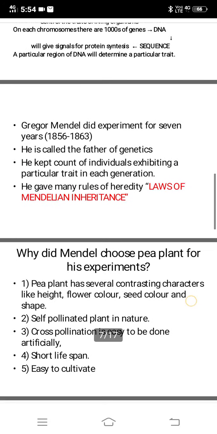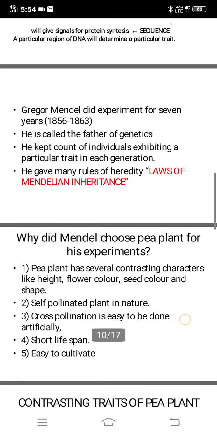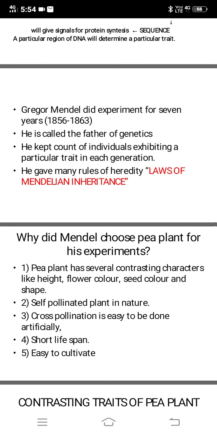Now why did Mendel choose the pea plant for his experiments? That is because the pea plant has several contrasting characters. What are those characters? Height, flower color, seed color, and shape. They are self-pollinated plants in nature. Self-pollination, you have studied in 10th standard. Self-pollination is done to study the F2 generation.